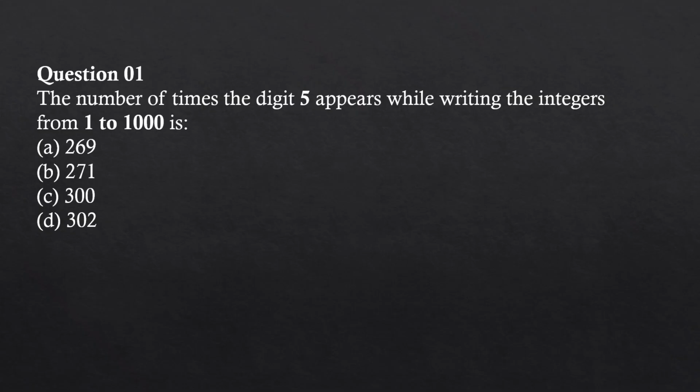Question number 1. The number of times the digit 5 appears while writing the integers from 1 to 1000. So what do you understand by this question? Ultimately, we have to find the digit 5. For example, between 1 to 10, 5 appears only one time.